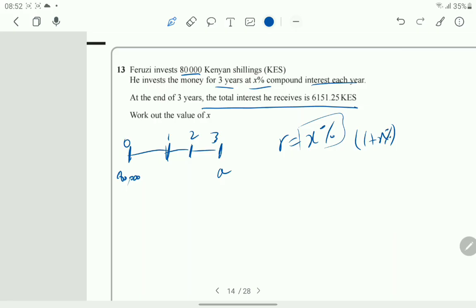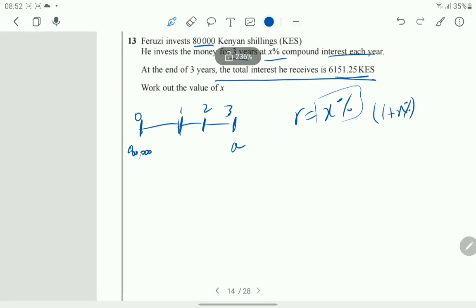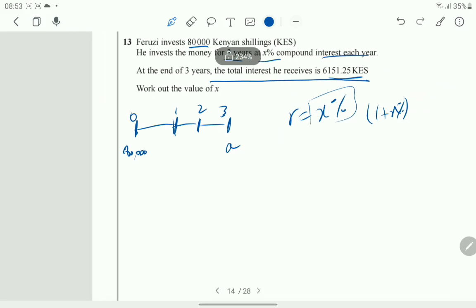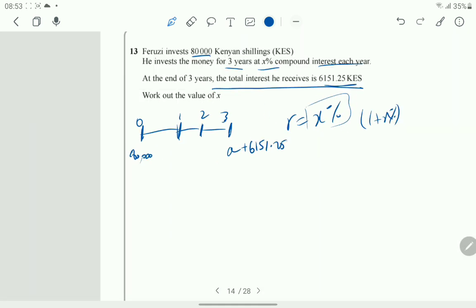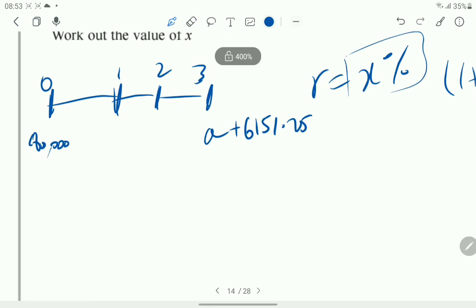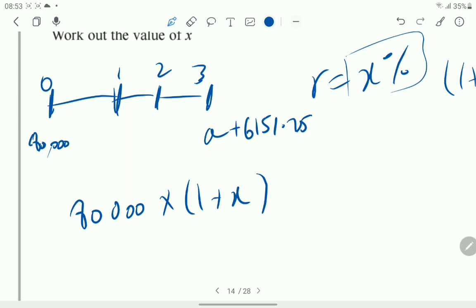So we need to find out the interest, which is given. So whatever his amount is, including the interest amount of 6151.25. Now in order to get to year 3, we know that 80,000 into 1 plus x% should get us to year 1, and for year 2 and 3 it goes on and on.